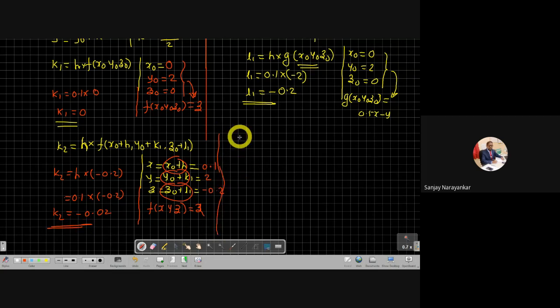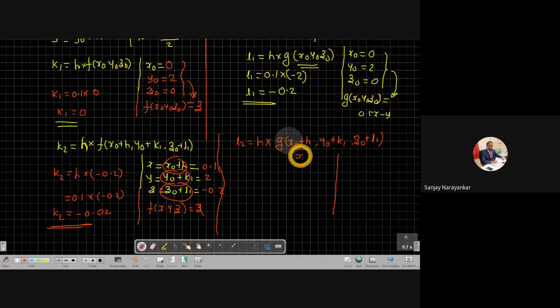Similarly, we will find L2. H into g of x0 plus h, y0 plus k1 and z0 plus L1.